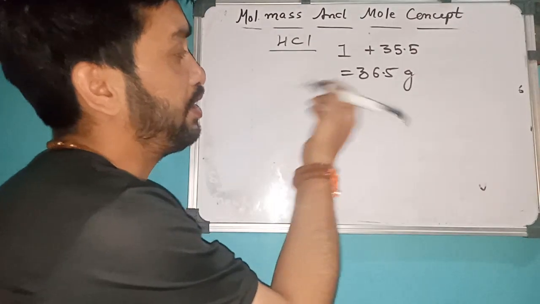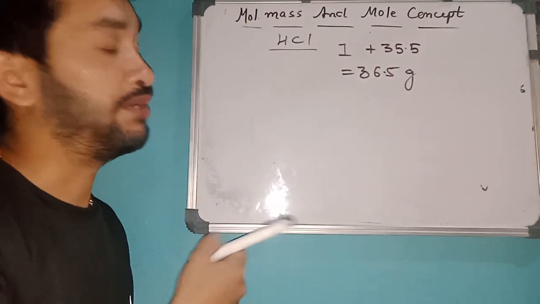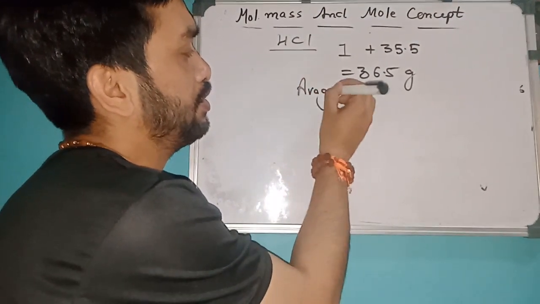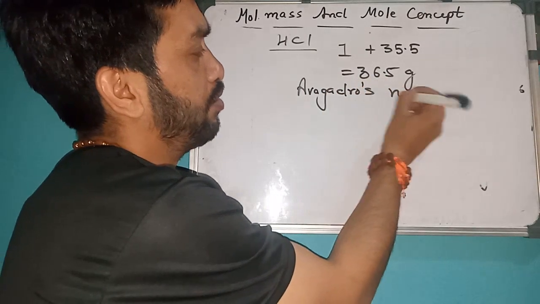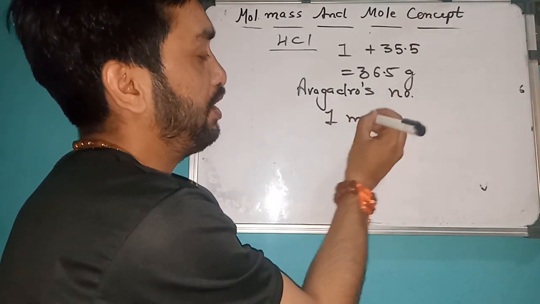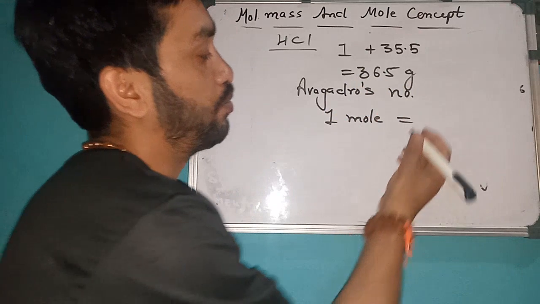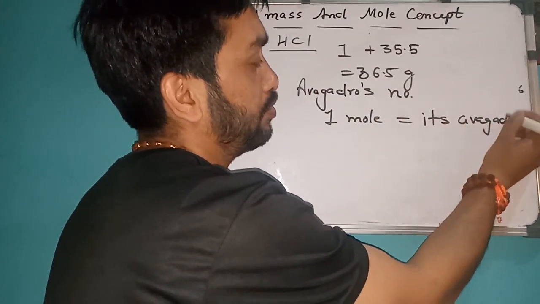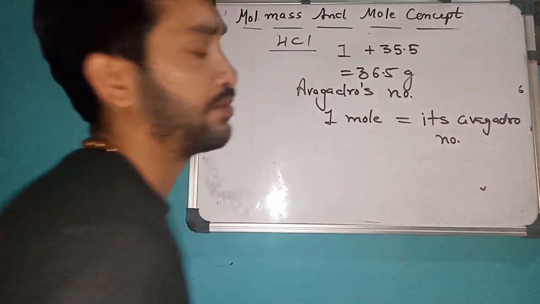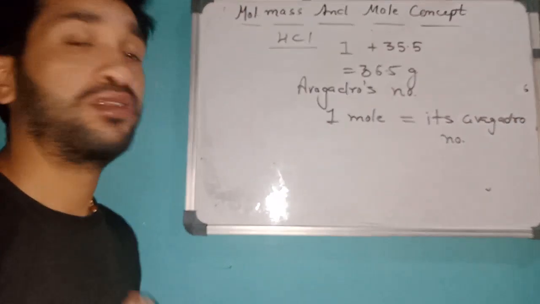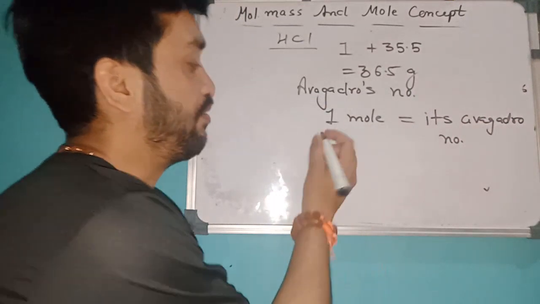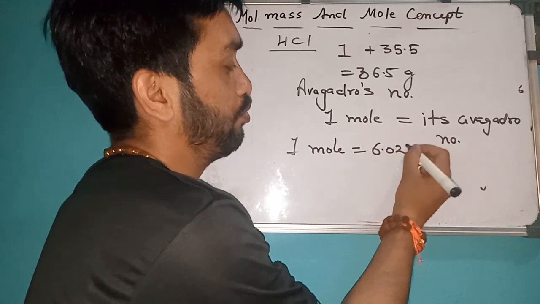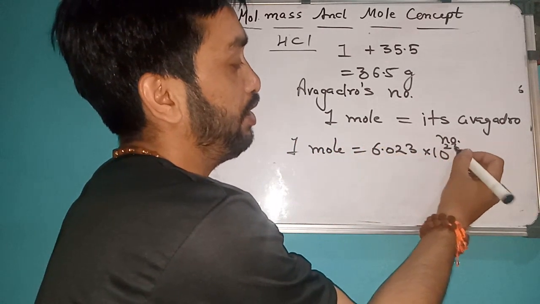Now let us see it in terms of the number of atoms. It is equal to Avogadro's number. It means 1 mole of any compound or any element is equal to its Avogadro number. The Avogadro number is the same for every element. For 1 mole, the Avogadro number is 6.023 into 10 to the power 23 atoms.